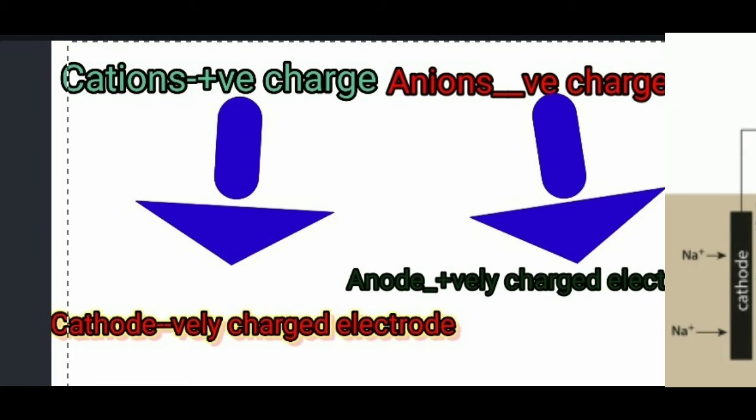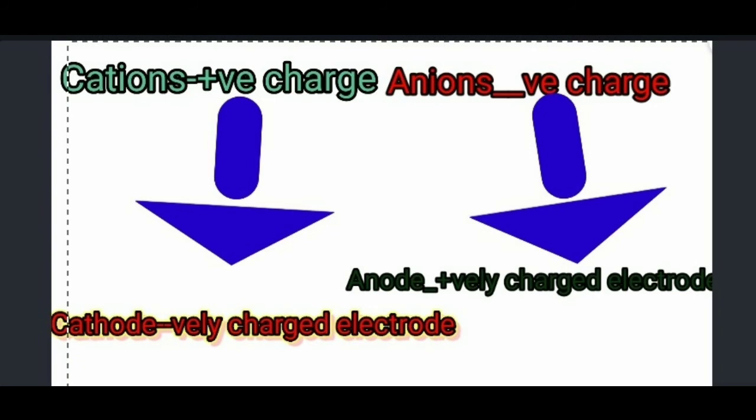This sodium metal is deposited on the cathode electrode. We can say that the addition of electrons takes place at the cathode.